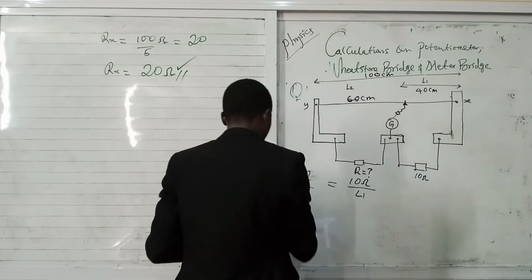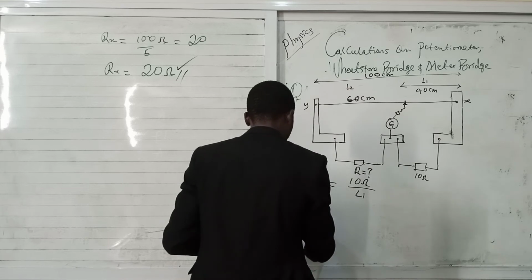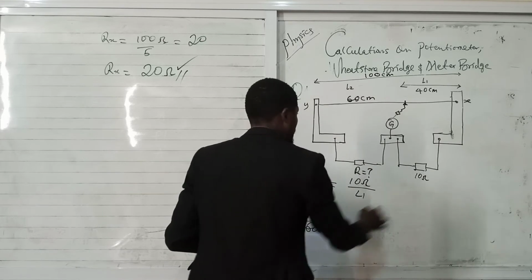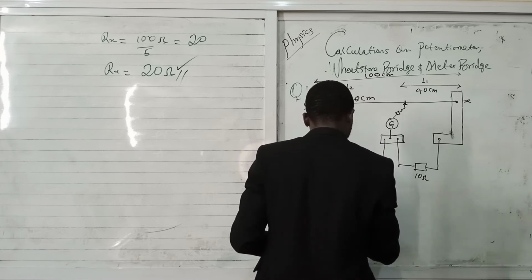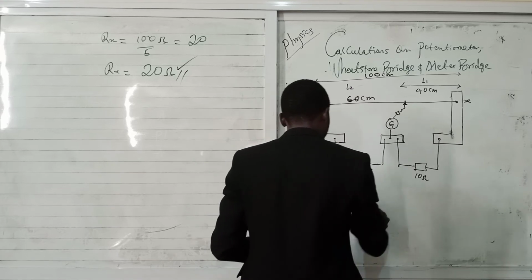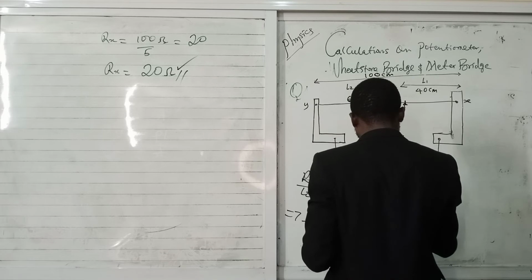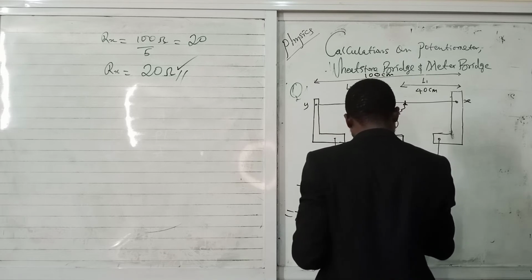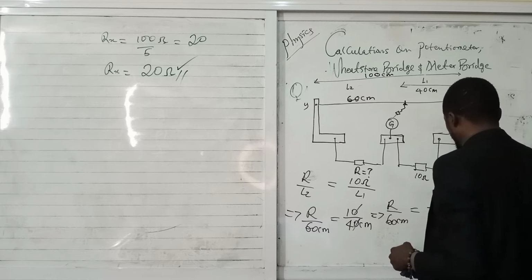We substitute. So this implies that R over 60 cm is equal to 10 over 40 cm. If you do that, this 0 cancels this 0. We have R over 60 cm is equal to 1 over 4 cm.